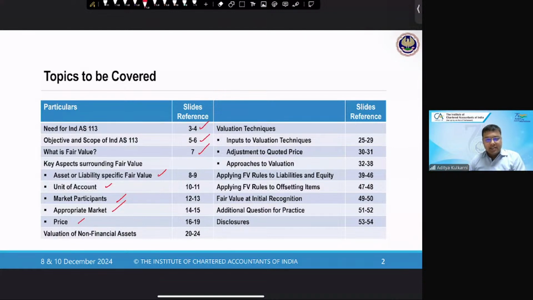We have seen all these definitions. We have gone on to discuss valuation of non-financial assets, where we follow the highest and best use. If it is not clear, we assume that current use itself is the highest and best use. So when we talk about highest and best use, 3 points we have to see. Is it legally permissible, physically possible, and financially feasible? These are the 3 things that you will have to answer to determine highest and best possible use.